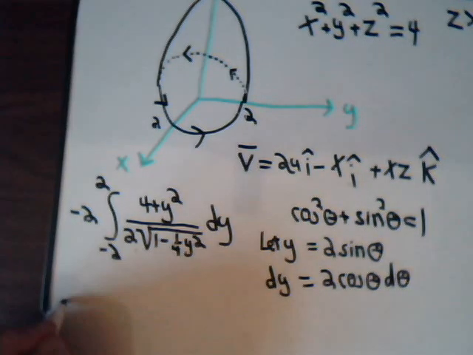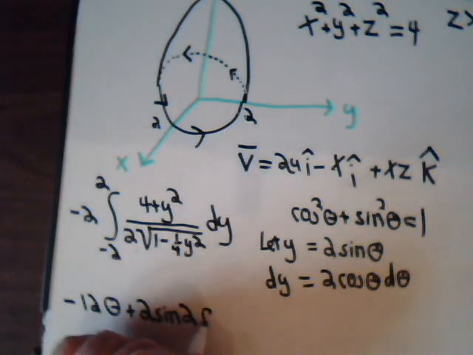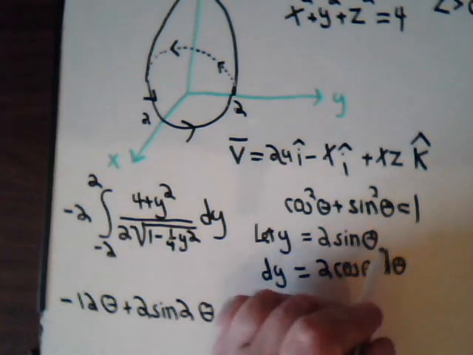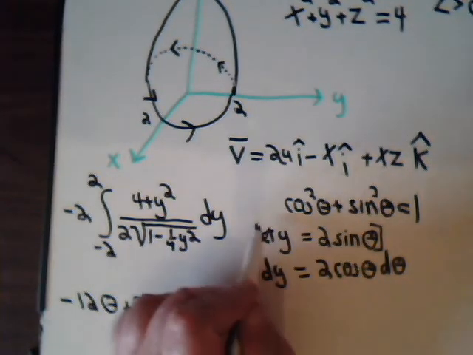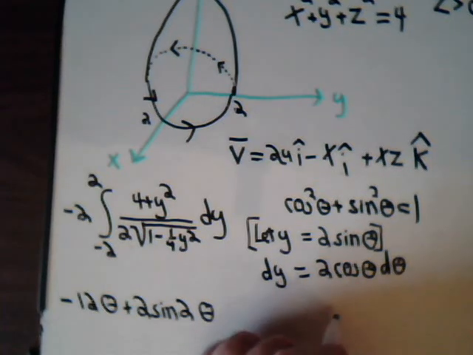So we have minus 12 theta plus 2 times the sine of 2 theta. Now, here was our substitution right here. So theta is equal to the inverse sine of y over 2.